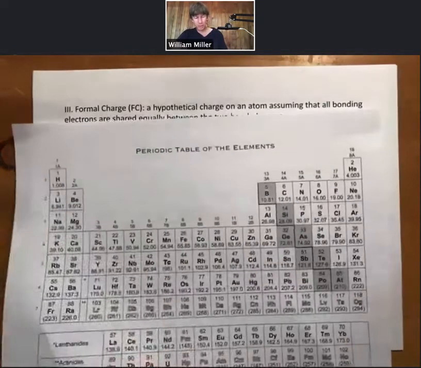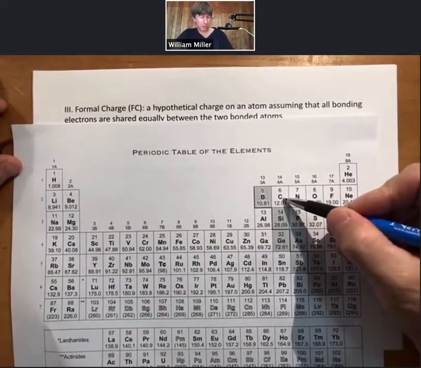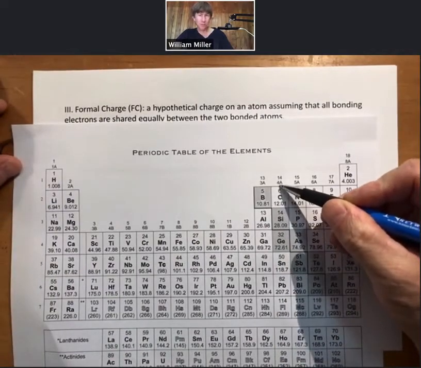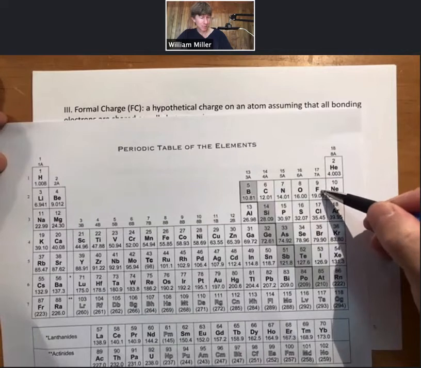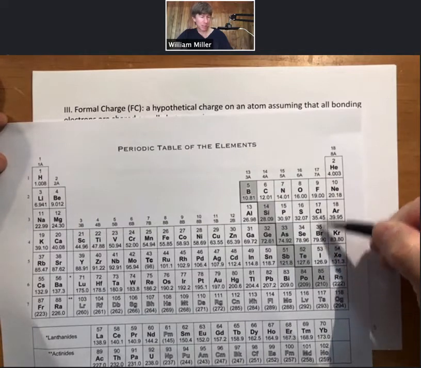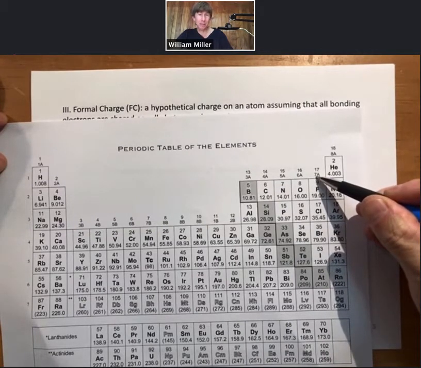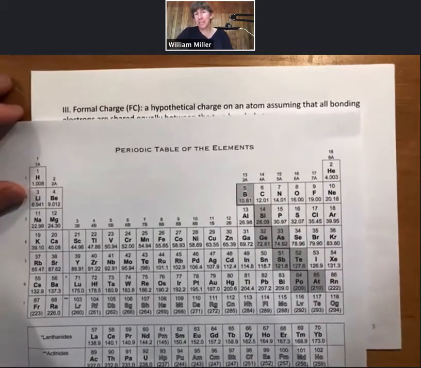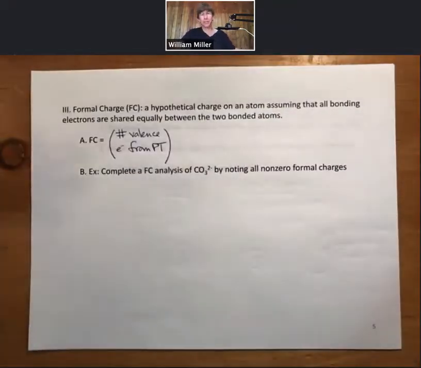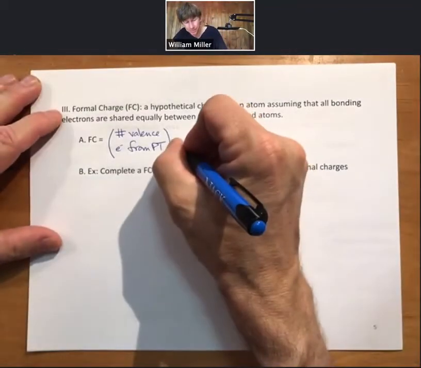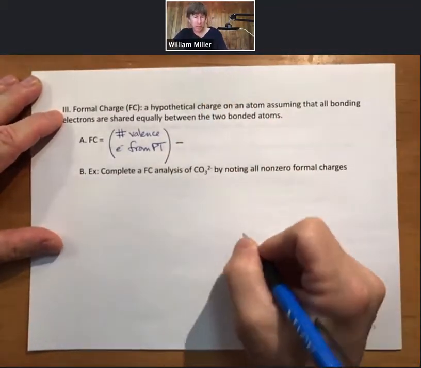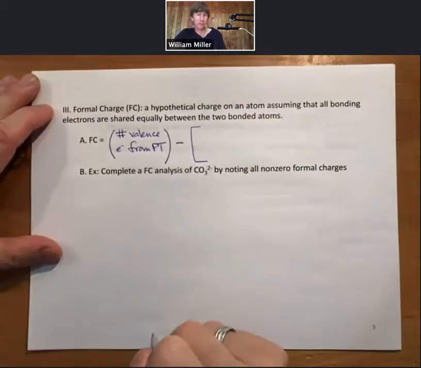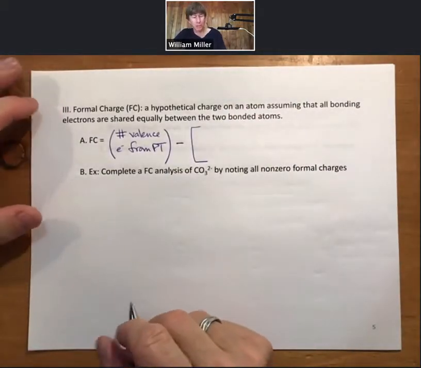For example, carbon and all the elements in this column have 4 valence electrons. Fluorine, chlorine, bromine, iodine have 7 valence electrons. So from an atom, that's another way to say it, but from the numbers from the periodic table. Then we're going to subtract off 2 things, so we'll put them both.